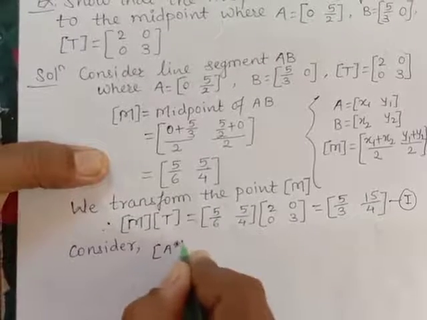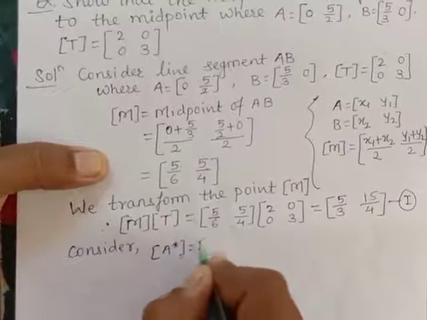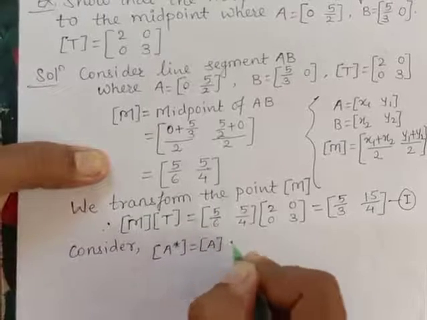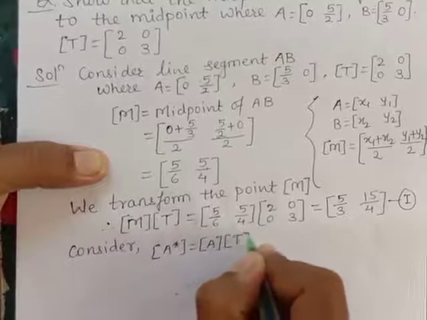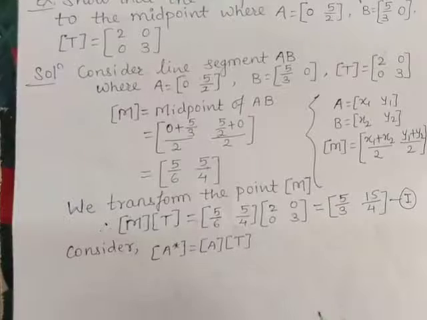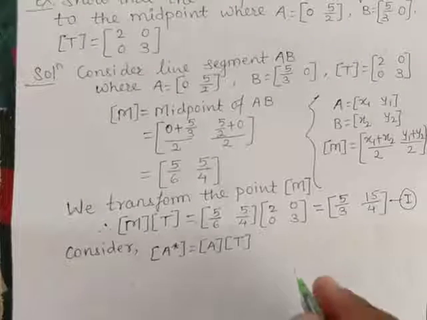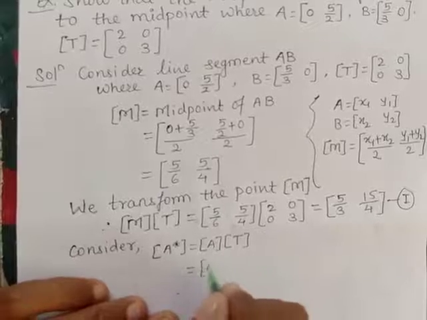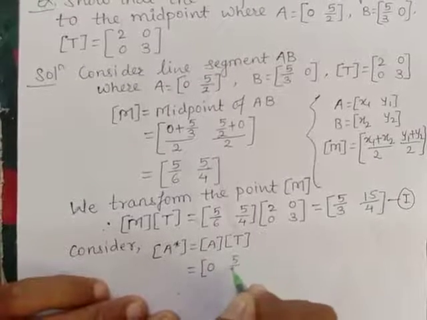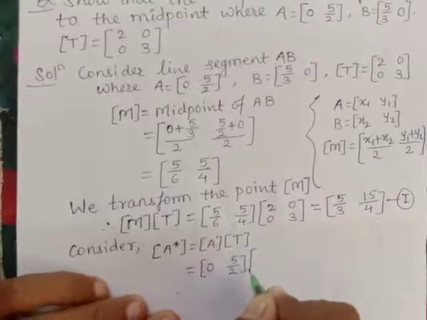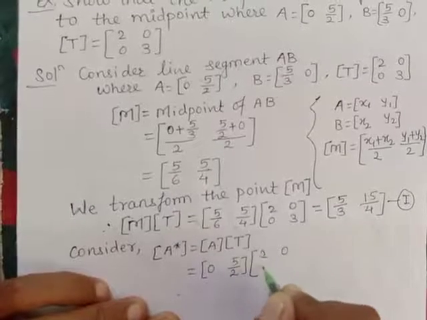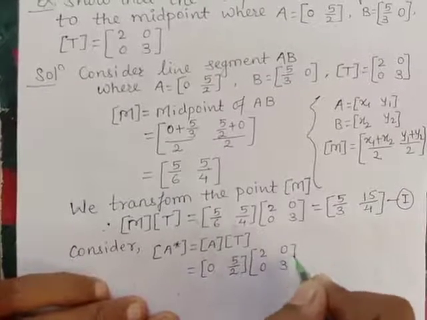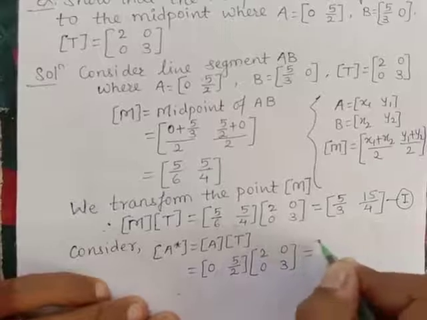What is A star? A star will be a position vector matrix obtained by applying T on A. A has position vector 0, 5/2, and T is 2003.